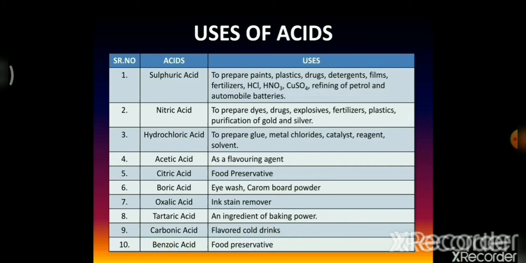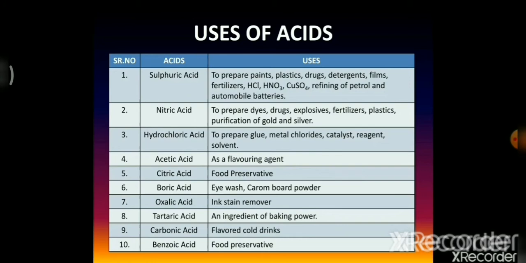Another acid is oxalic acid. It removes the stain of ink or dye. Tartaric acid is an ingredient of baking powder. It plays an important role in the baked product taste. In absence of tartaric acid, the baked product becomes bitter in taste.